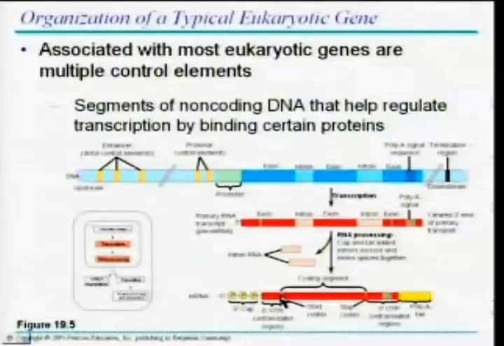And then the 3' untranslated region, I mentioned that, and the poly A tail also do not get translated. Upstream of the start codon, you can use upstream wherever you give your reference point, as long as you say it. If I start at my home and go upstream, right? So upstream of the start site for transcription is the promoter. And 5' of the start codon, that's for translation, right, is the 5' untranslated region.